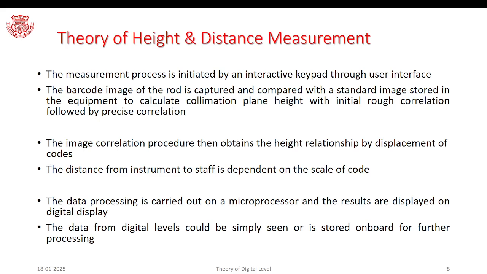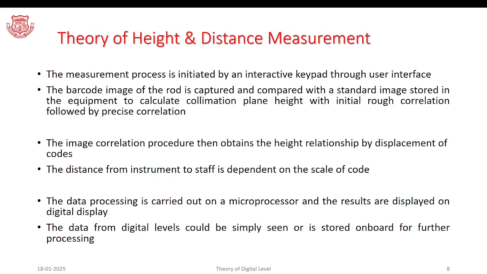Let's try to understand exactly how that particular height and distance is measured. Now you are conversant with these spares of the digital level. You know about the bar-coded staff, and you know how that interactive keypad is provided in the form of user interface.